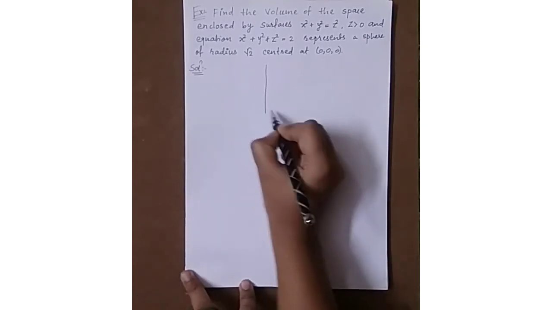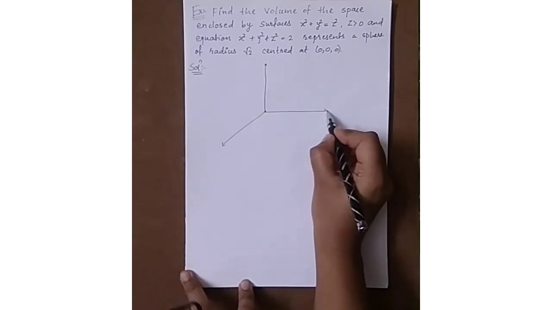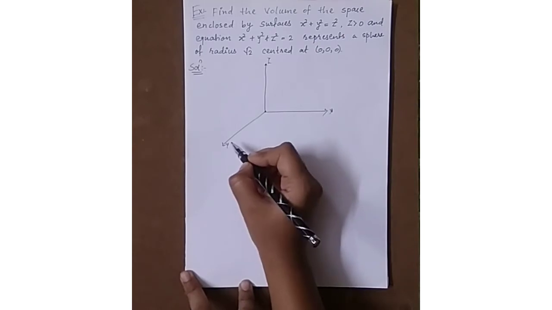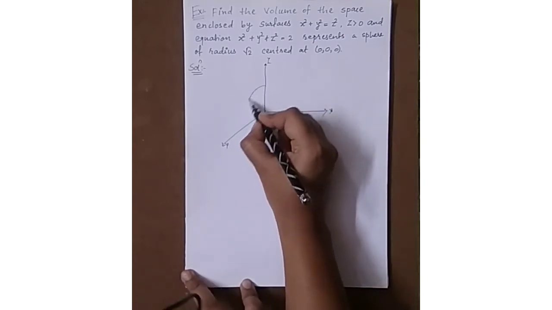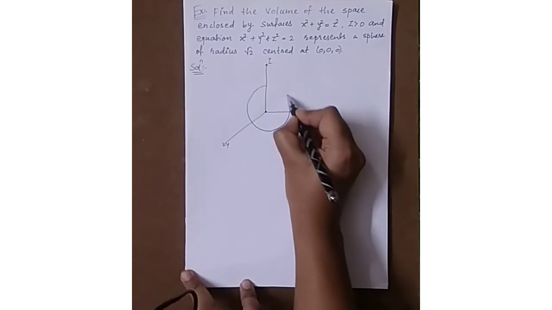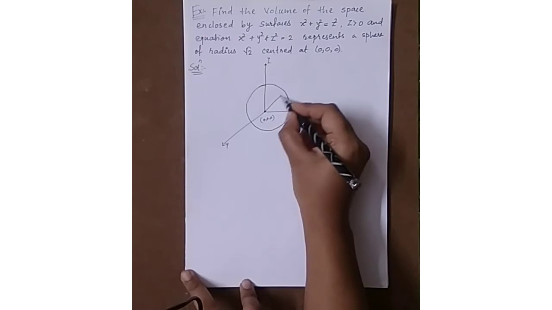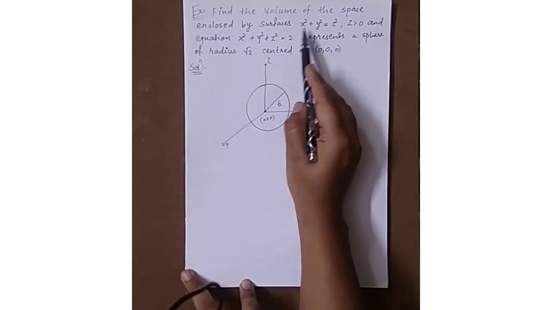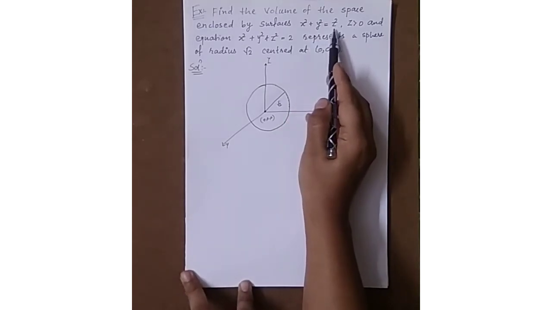Suppose this is my coordinate axis, z, x and y. This is my sphere centered at the origin, and the radius is square root of 2. Here we have been given one surface, x square plus y square is equal to z square.